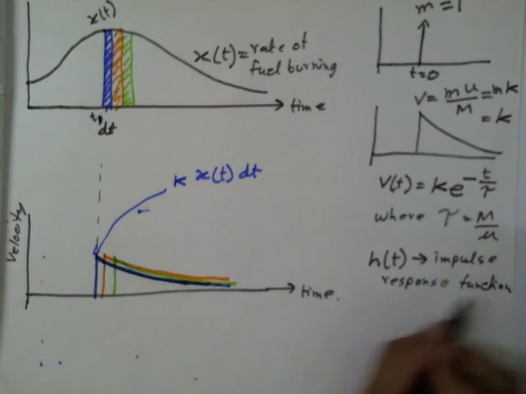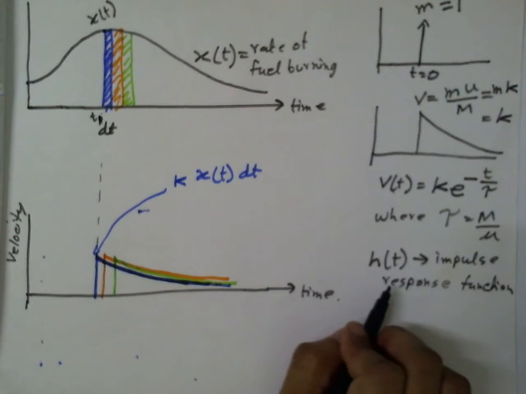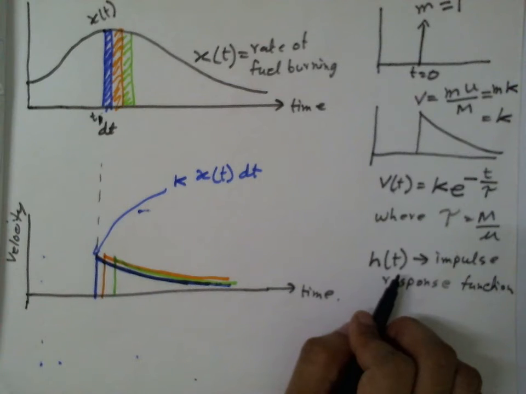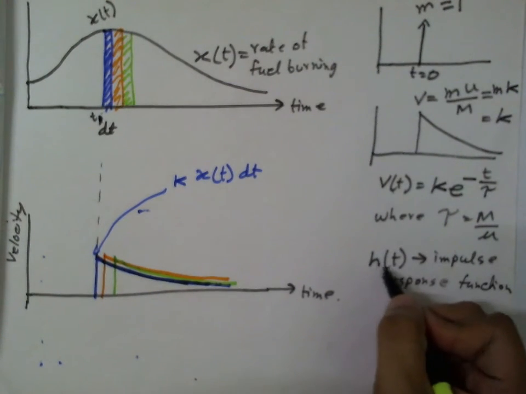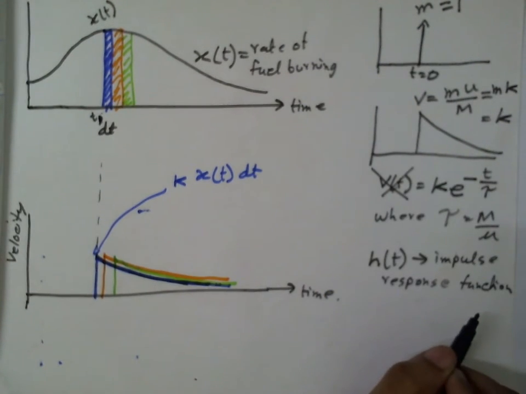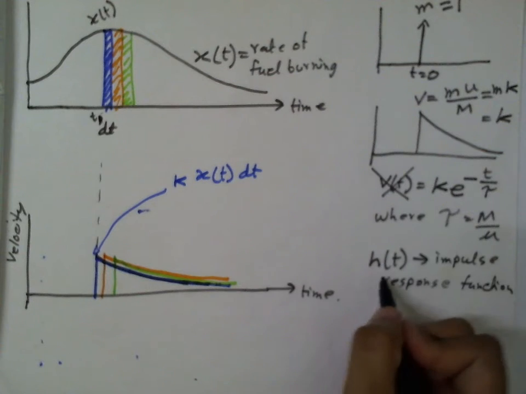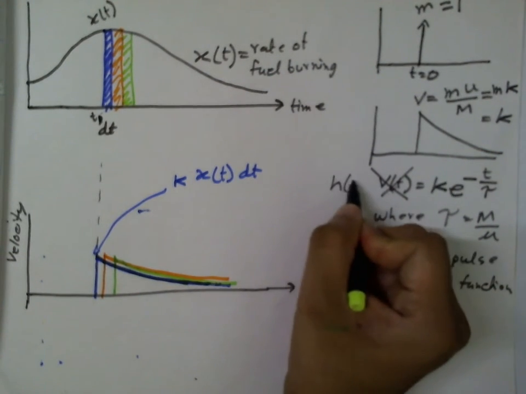I don't know why h, but it is universally accepted that h stands for unit impulse response. So now let me use the symbol h instead of v. I strike out v, which stands for velocity, but since it's the response function for unit impulse, I'll use the symbol h.